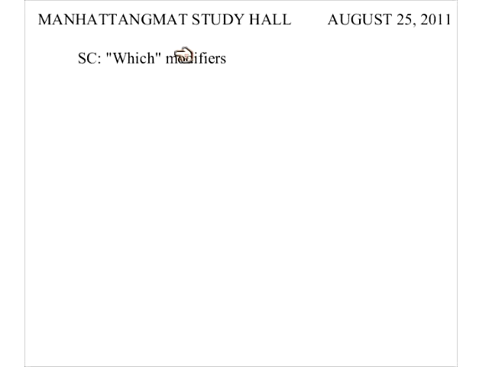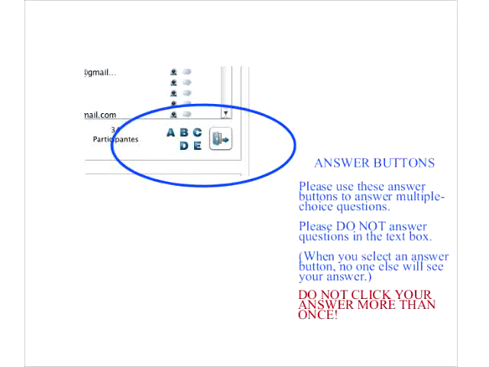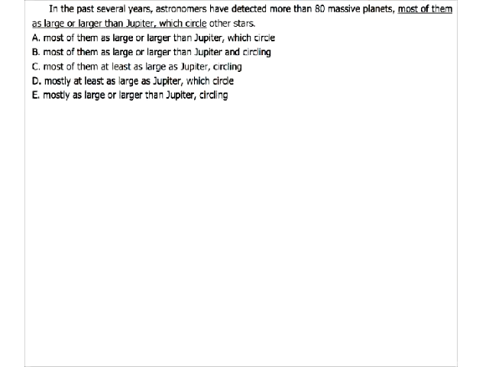If you have any questions before we get started, go ahead and type them in the text box. Otherwise, we will look at our first problem. By the way, all problems in today's session are from GMAT Prep software. So let's do it. Here's your first problem. And again, please use the answer buttons to solve and indicate your answer.